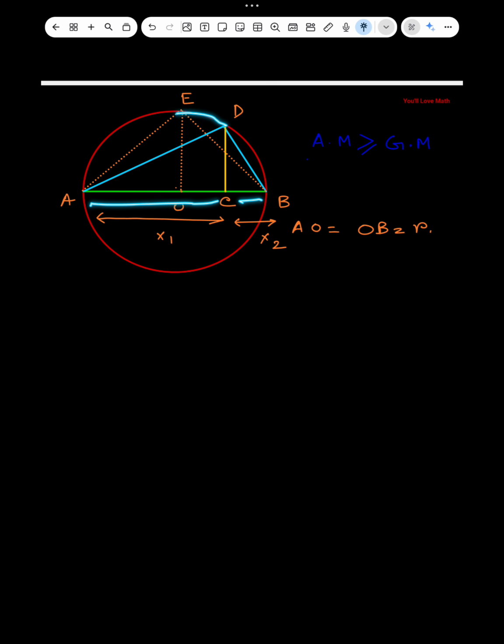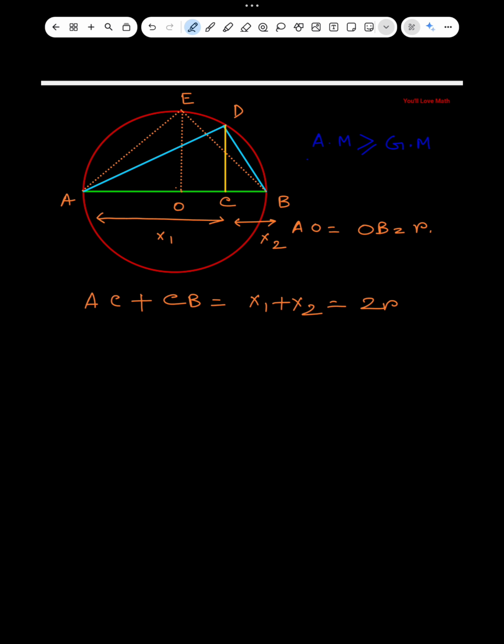If D moves around the circle, this point D will be changing, so the triangles change, and x1 and x2 are changing. But for any value, AC plus CB equals x1 plus x2 equals 2r. So what is r? R is basically (x1 + x2)/2.